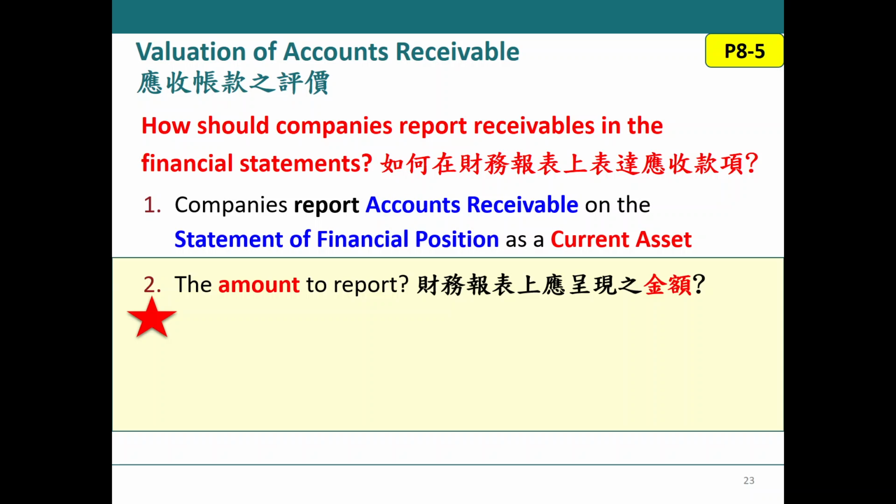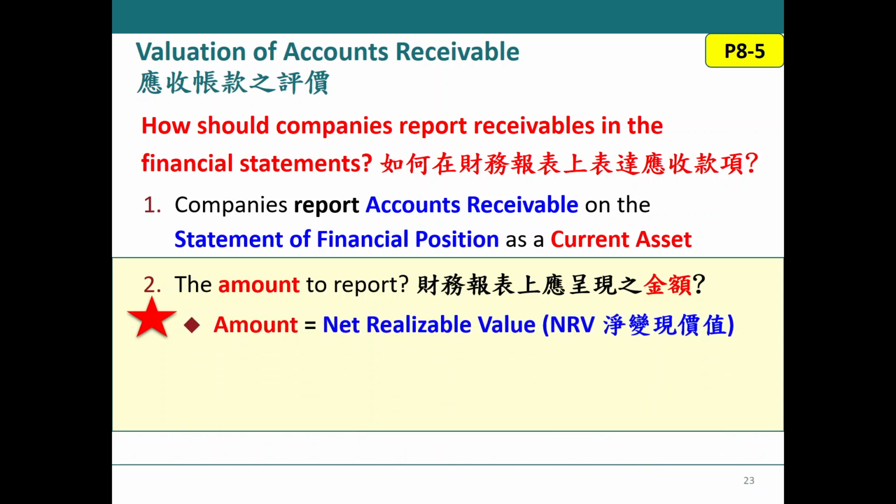The number we put on the financial statement is after we consider the risk, right? After we consider the risk, the term we call it net realizable value, NRV, 净变现价值, okay? This is the net amount we have after considering the risk.